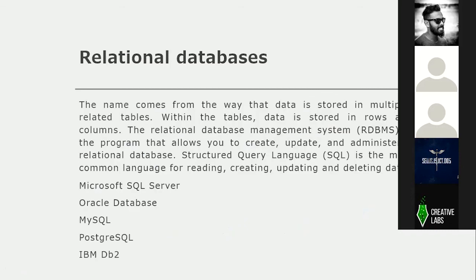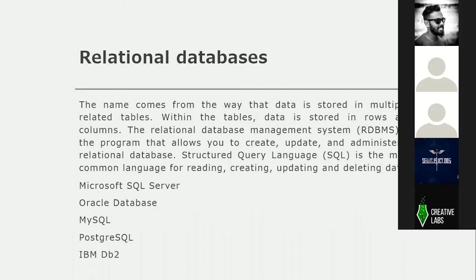You might have heard about this, right? So we use SQL queries in order to store, create, retrieve, update and delete data from databases. In relational databases, all the data will be stored in a table format. Each table will have its own columns and rows.